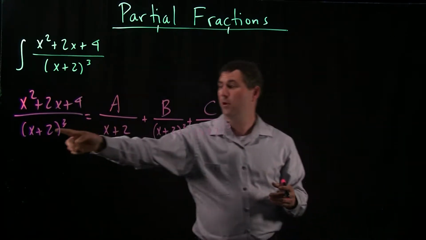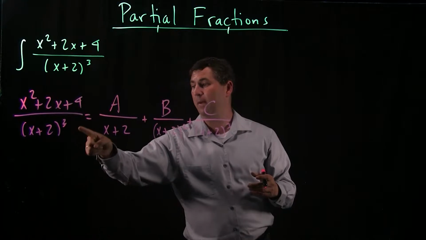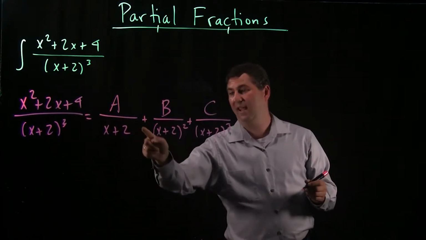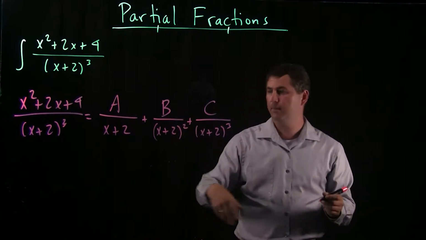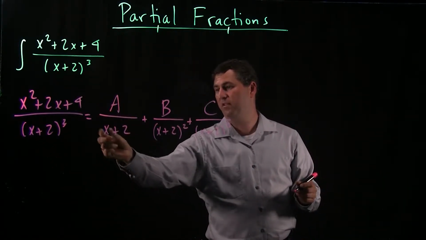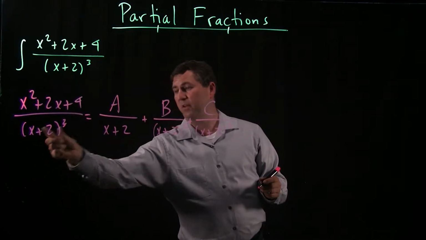So I'm going to multiply through, again, by this denominator, x plus 2 cubed. And when I do that, again, it's going to cancel some of the denominators here. So x plus 2 cubed times the A over x plus 2, well, you'll still have an x plus 2 squared in the numerator.